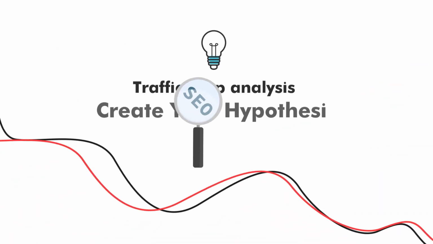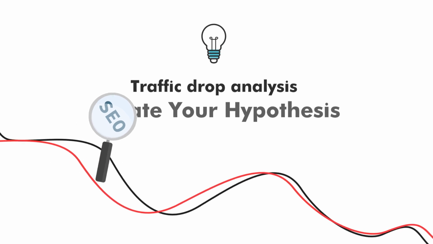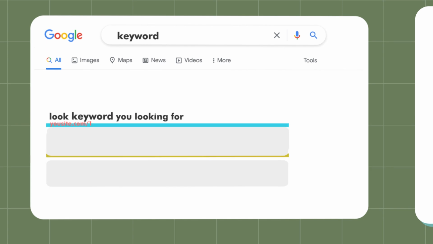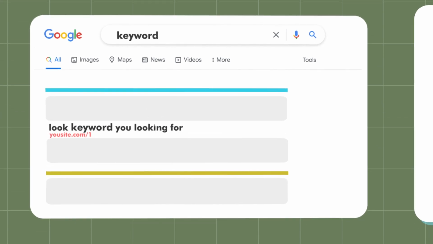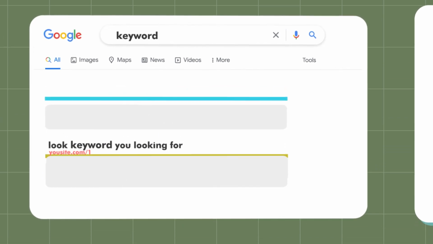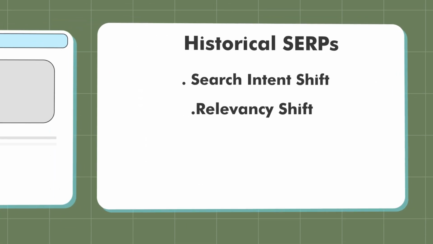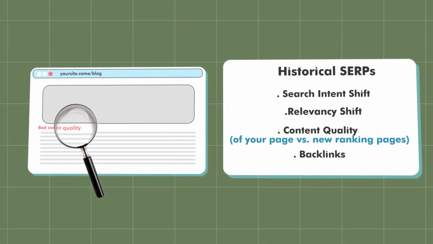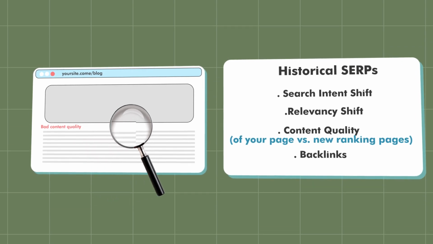Now, at this point, you should be starting to form your hypothesis. You're looking at Google search results, seeing how they have changed, how competitors have increased above you, and so on. Is it a search intent shift, or is the content quality on your website not as good as competitors? Or do they have more backlinks, and so on?